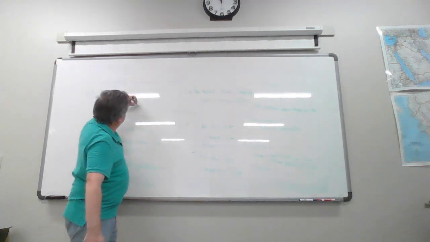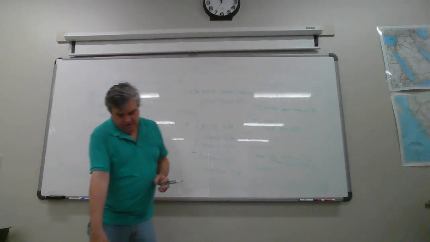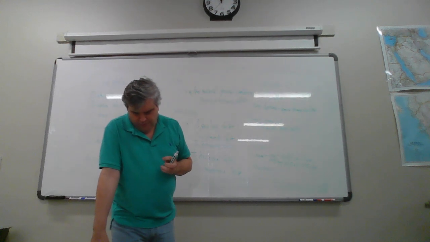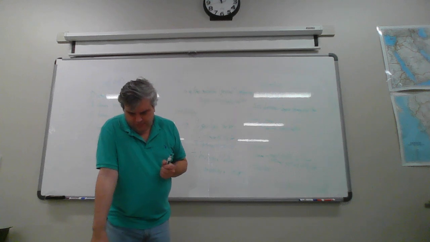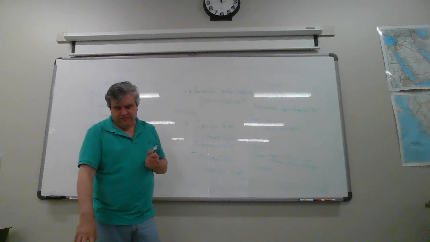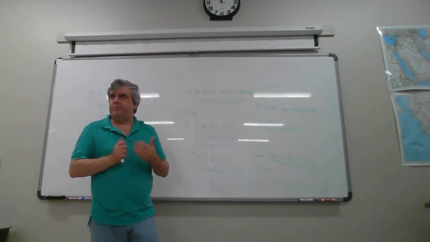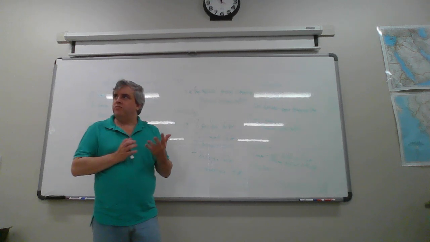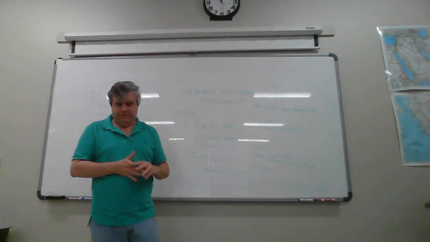Savanna. A savanna. This has a tropical rainfall that's seasonal. But generally, it's a low grassland, occasionally trees. Warm area, grassland, a few trees, not a lot.